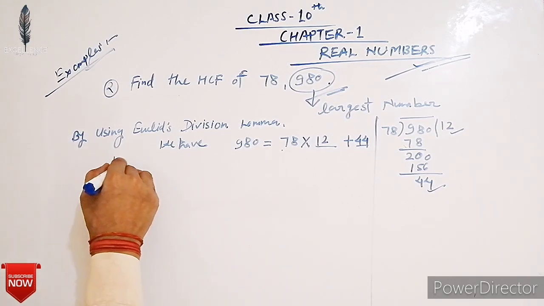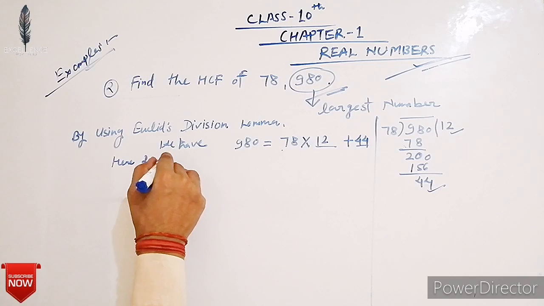Here remainder is not 0, so again we apply Euclid's division lemma.